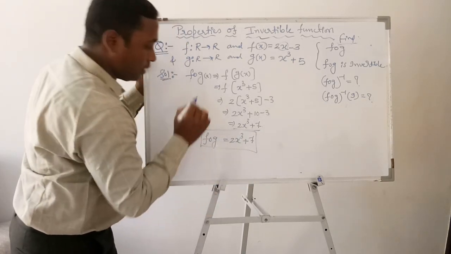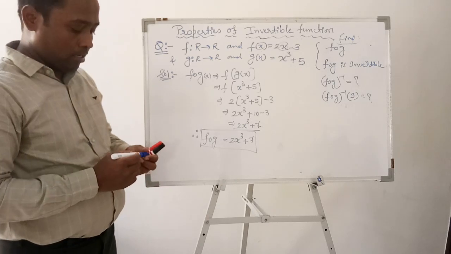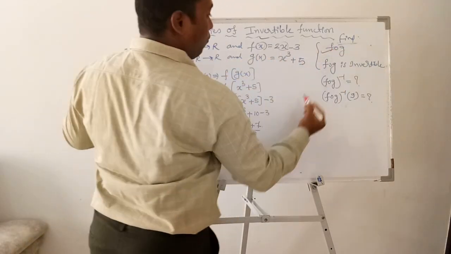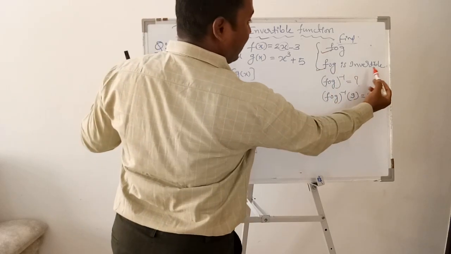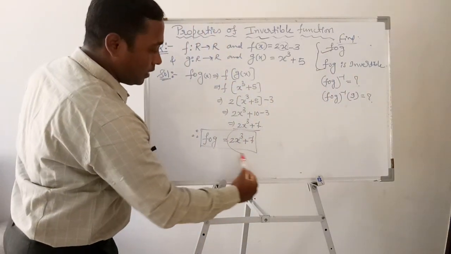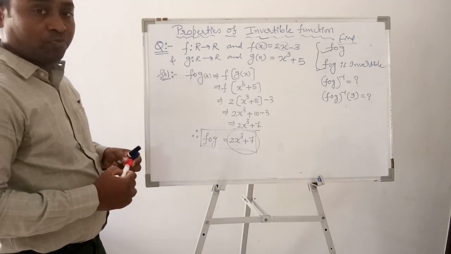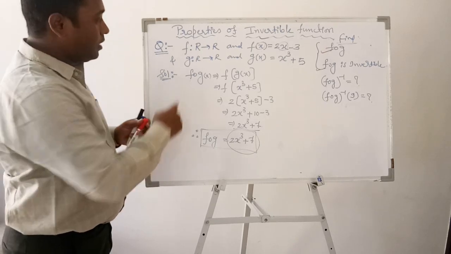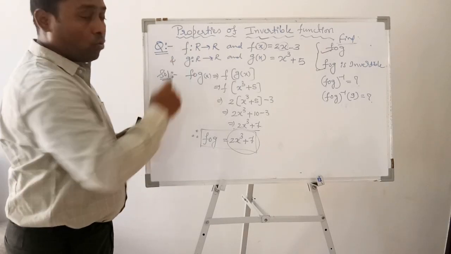The first part is done. Now that fog is done, what are we going to prove? Fog is invertible, meaning we are going to prove this function is an invertible function, where fog is defined from R to R only.